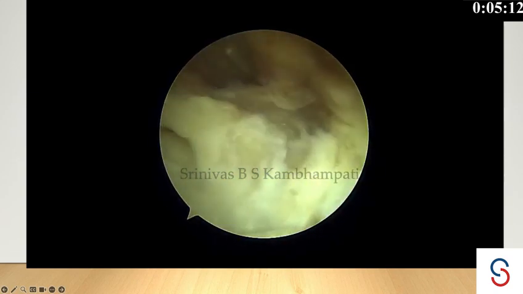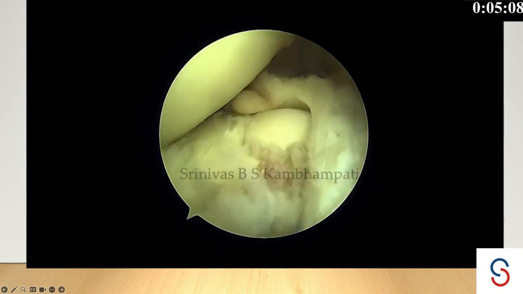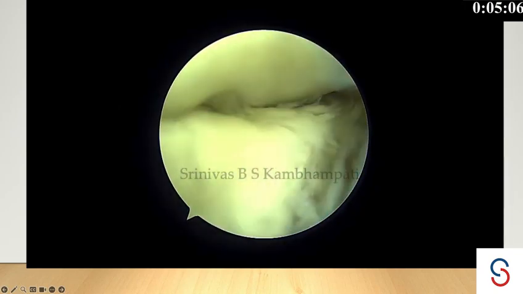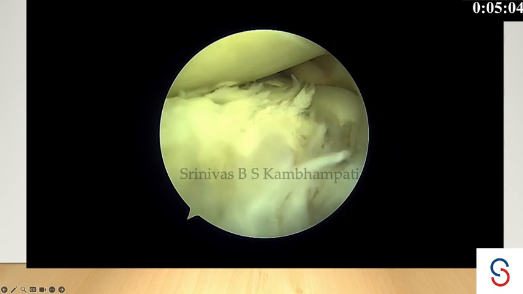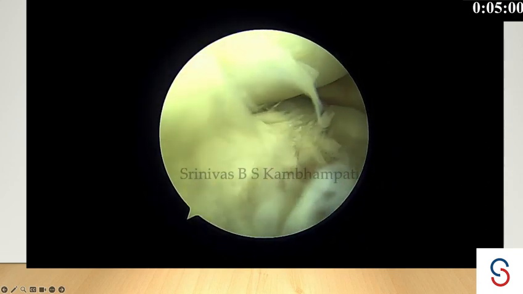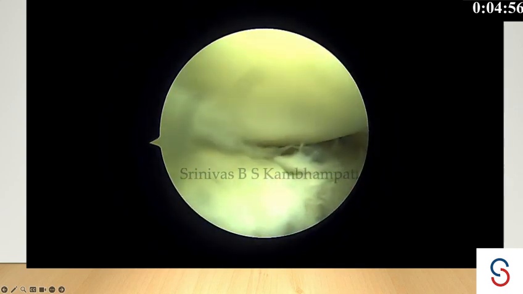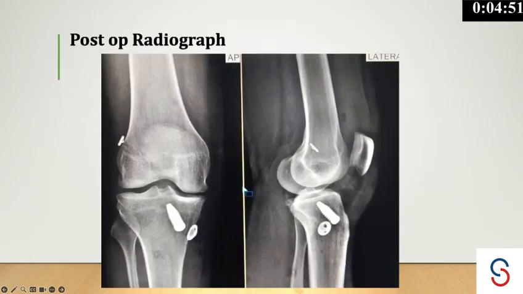So what I did was to fix the ramp to the bone, creating a bony bed for a possible meniscal transplant later. Actually, this injury was not detected at the time, in the radiology opinion. We could see that once the wires were pulled anteriorly, the ramp reduced well.